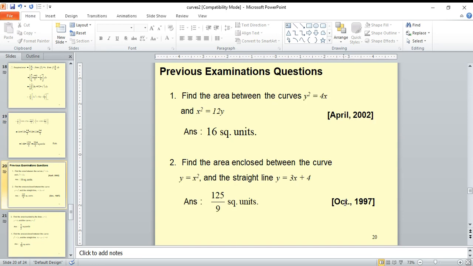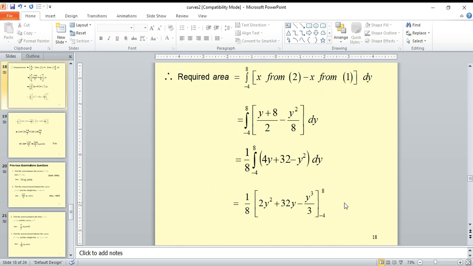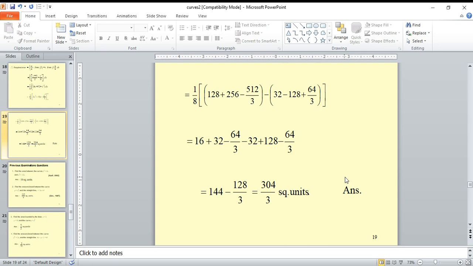The wrong answer, sorry. 1 by 8 is common term. 128 plus 256, solve this. 128 plus 256 into 3, minus 640 by 3. That is 80 by 3. First one is 80 by 3.